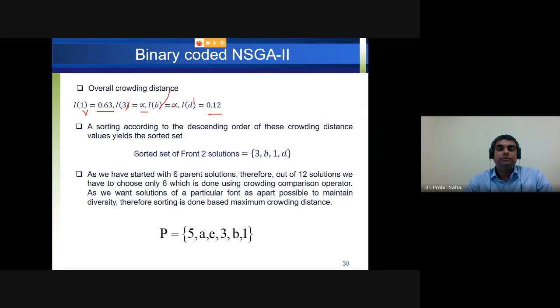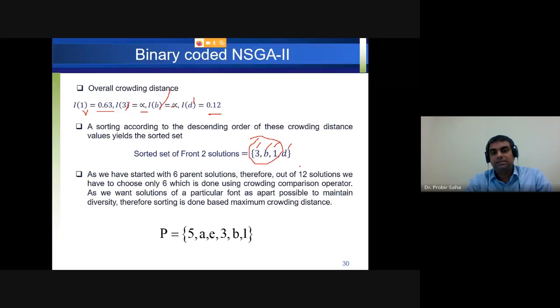Now I have to do a sorting of the crowding distance in descending order. In descending order, 3 comes first because it is infinite. B is also infinite. Then 1 is 0.63, D is 0.12. So 1 is bigger than D. So I shall choose only these 3.